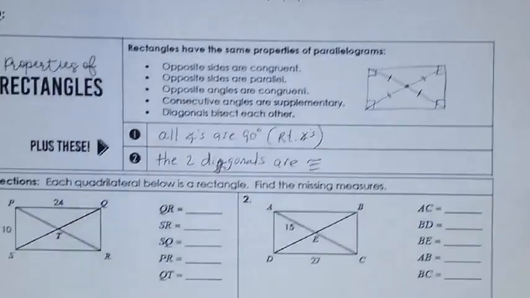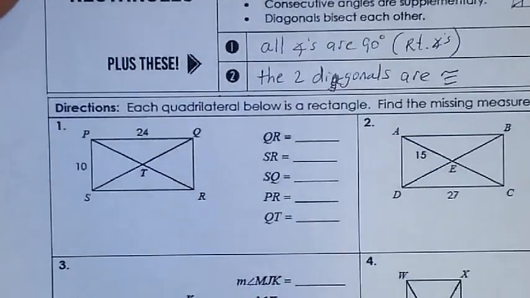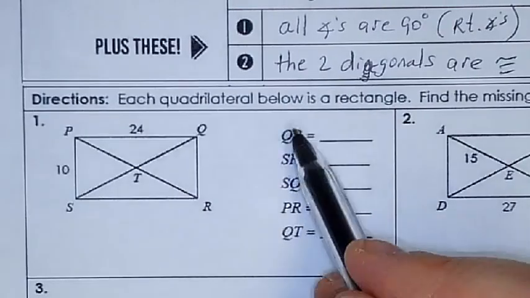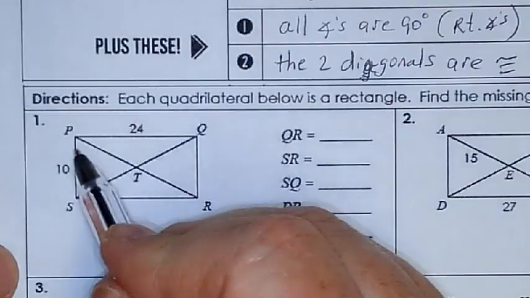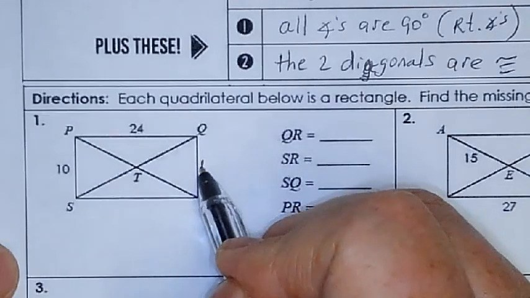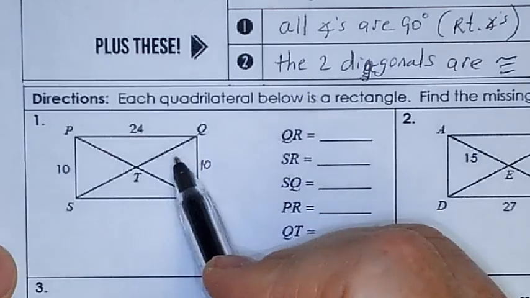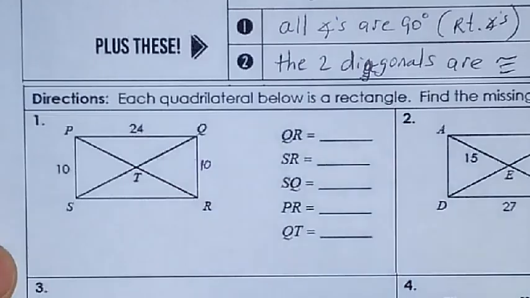Now what we're going to do is work out maybe one or two problems together, just as a lesson. So we're going to answer these questions, like finding those lengths. The first thing I'm going to tell you is that if this is 10, this side is 10. Why? Opposite sides are not only parallel, but opposite sides are congruent in every parallelogram.